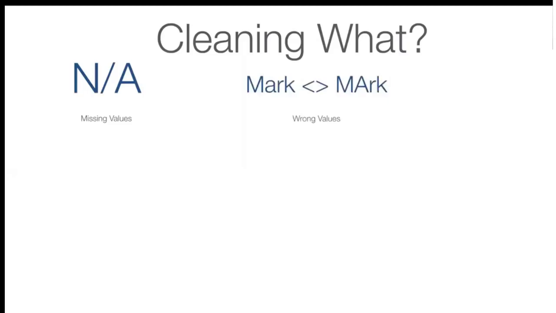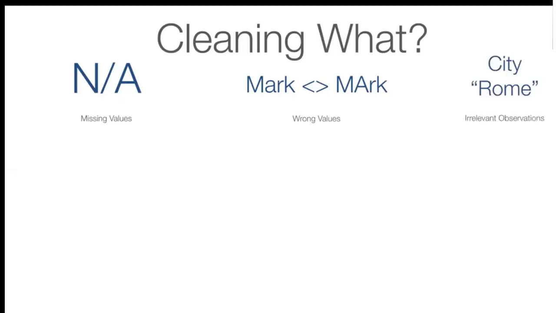What do we do with wrong values? You can all tell in this case that both marks are the same. But if we don't, for example, do an uppercase, the machine learning model will treat the two values as different values. There is no magic in machine learning that prevents you from making a wrong estimate based on a slightly different version of the same value.